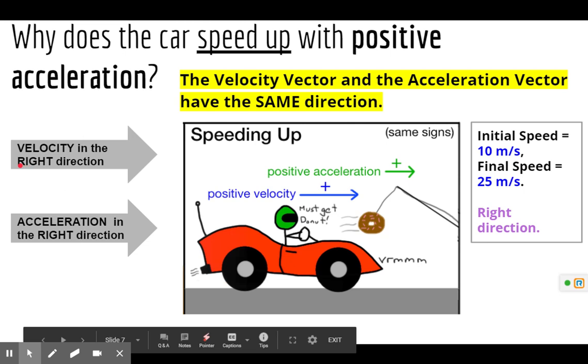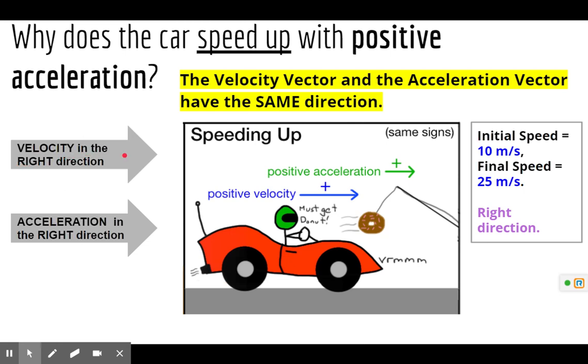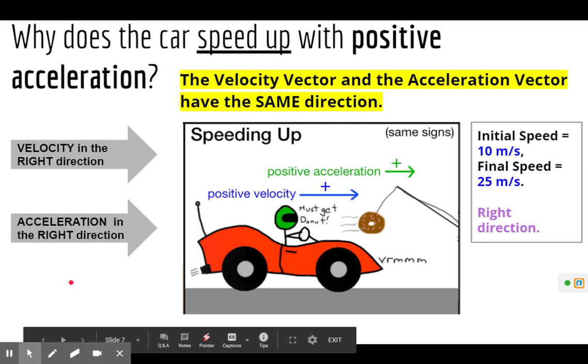When the velocity vector, for example, velocity in the right direction, and the acceleration vector, acceleration in the right direction, have the same heading or are in the same direction, you have positive acceleration and the car speeds up. If you're speeding up, you have positive acceleration because the vectors are in the same direction.